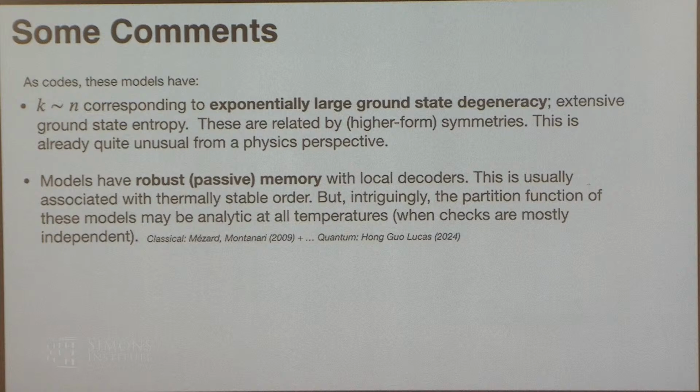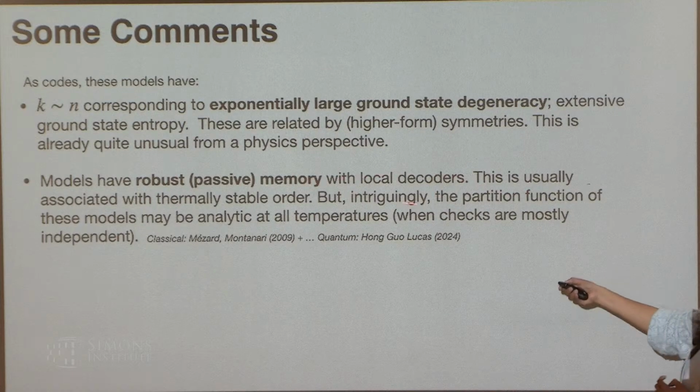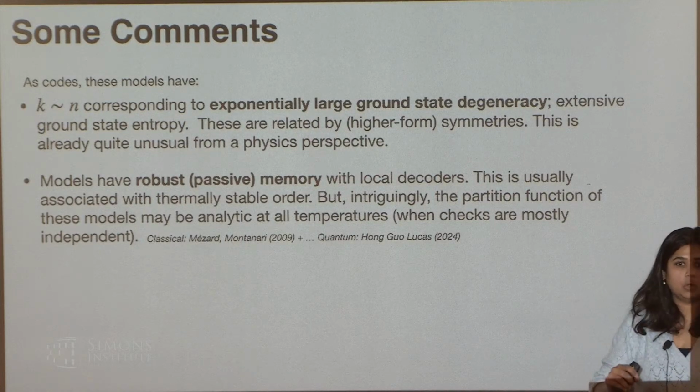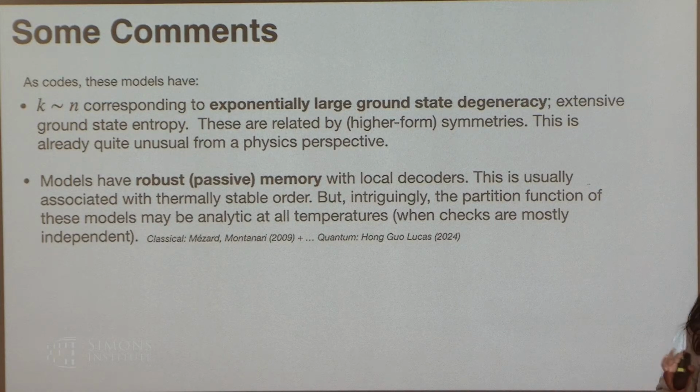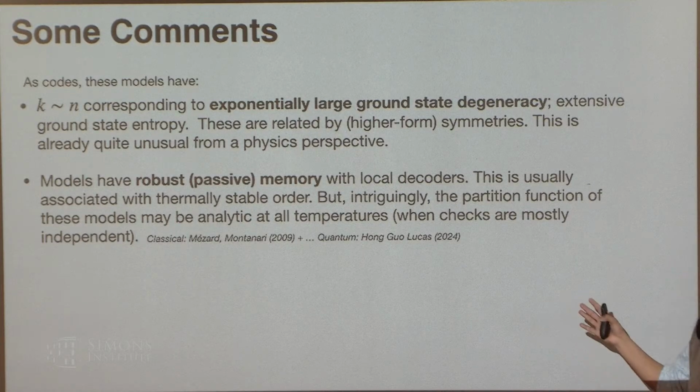These decoders, often they're not exactly that, but morally they're very similar to something like zero temperature Glauber dynamics. Okay, but you can look at these models, and in many cases, each check in the model is completely independent from every other check. So you can excite checks independently of all others. So it just looks like decoupled spins when viewed in the check basis. So the partition function is completely trivial or analytic.